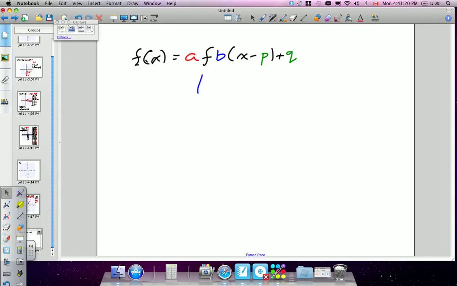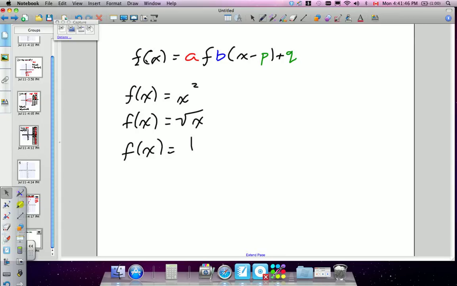And the reason they put this letter F in here is because we don't know what the function is. For instance, a function could start off as many different ones. For instance, f at x is equal to x squared. This is a quadratic function. Or f at x, remember we just did this, square root of x. It's a root function, essentially a sideways parabola. A reciprocal function, that's what our f is. In this one, this is a linear function.